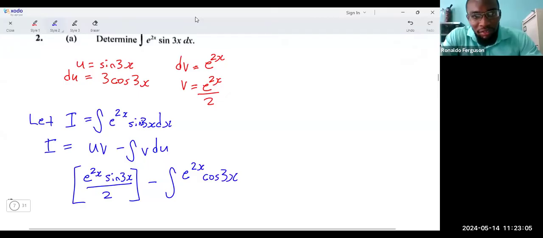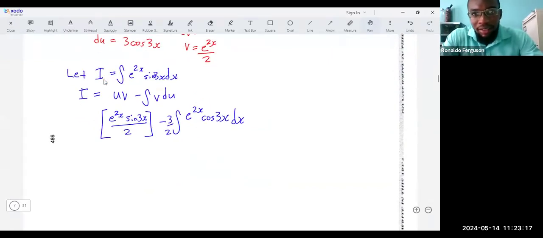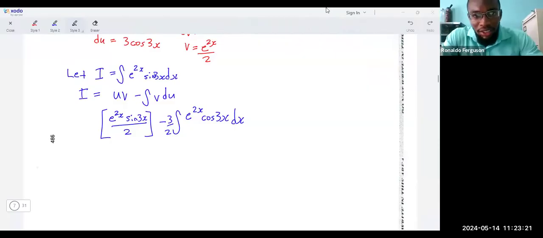I notice I have 3 over 2, but I'm going to factor out that 3 over 2. So now this is what I'm working with. I'm going to have to do by parts again, and I'm going to call this J. So let J be equal to the integral of e to the 2x cos 3x dx.